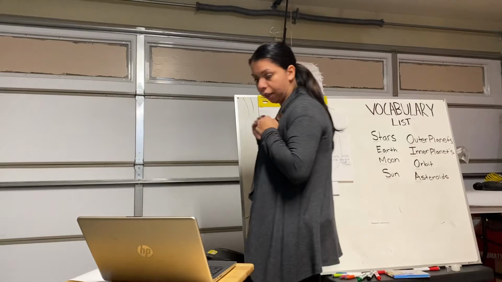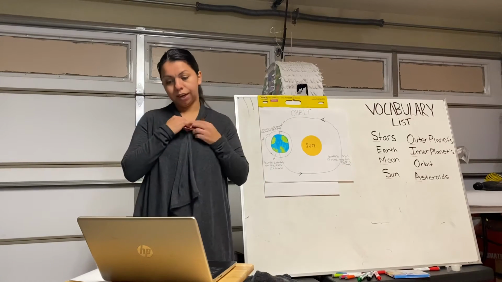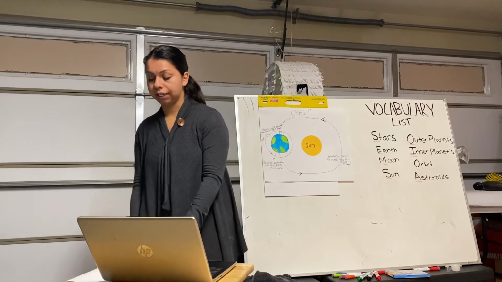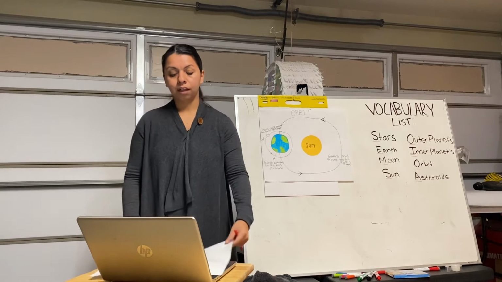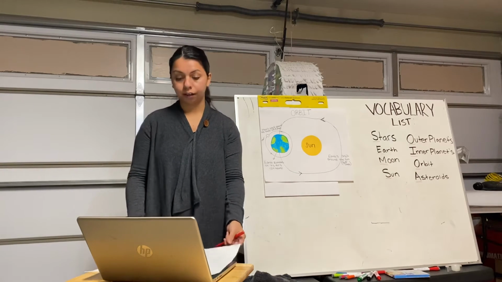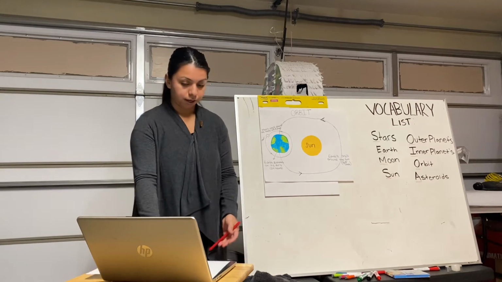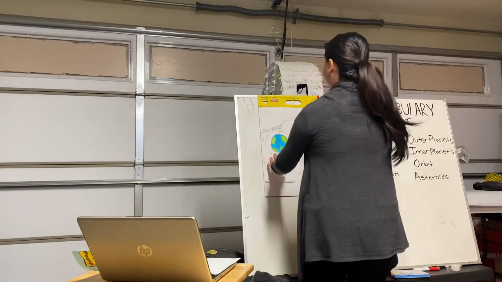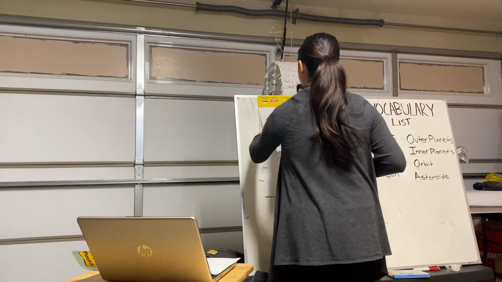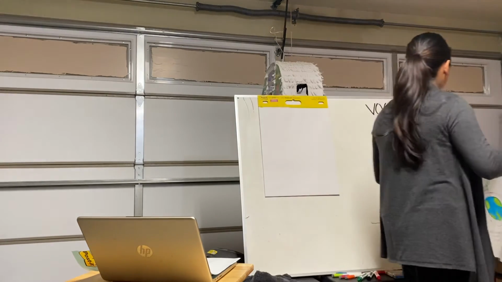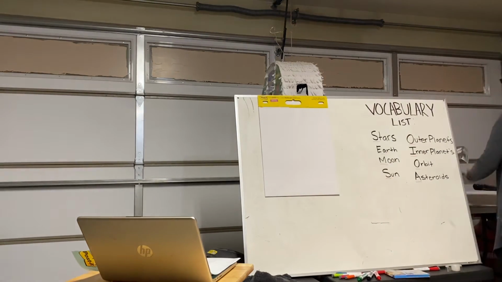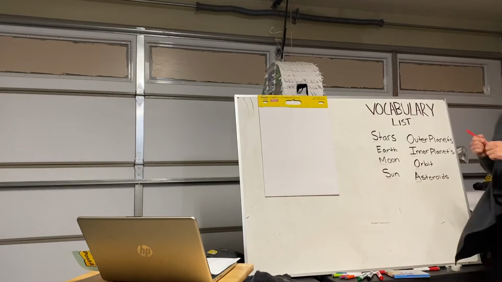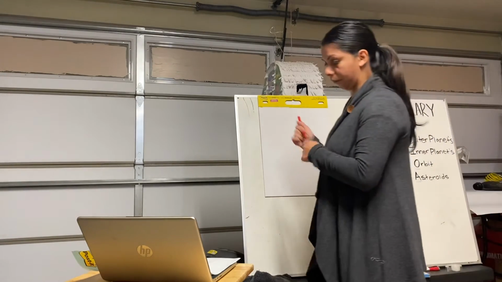All right, so I think we are good. So now we're going to try to write a sentence for an orbit, okay? A sentence. I'm going to write a sentence first in my words, what I think an orbit is.